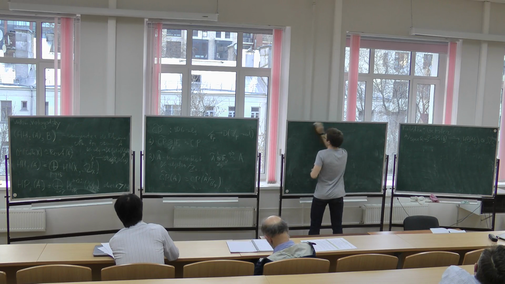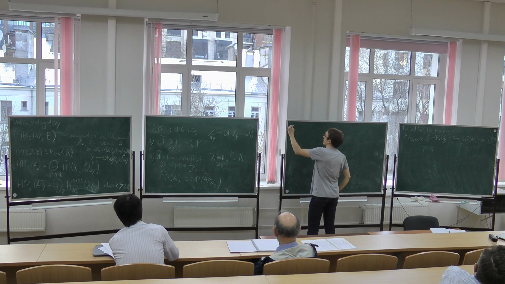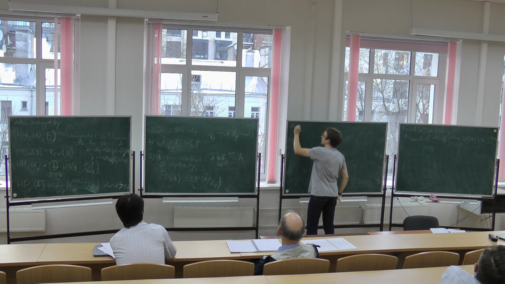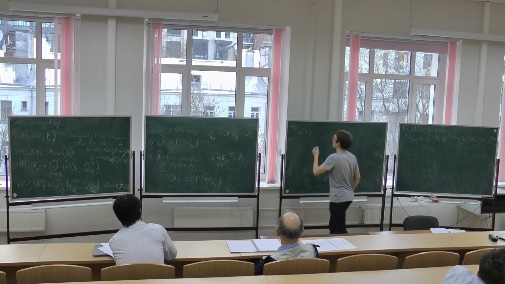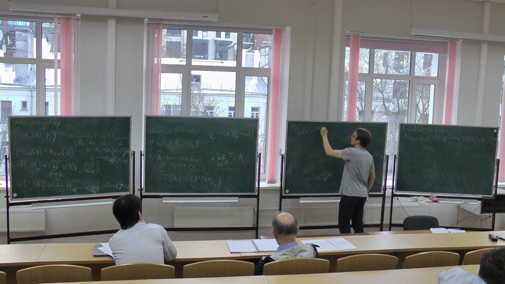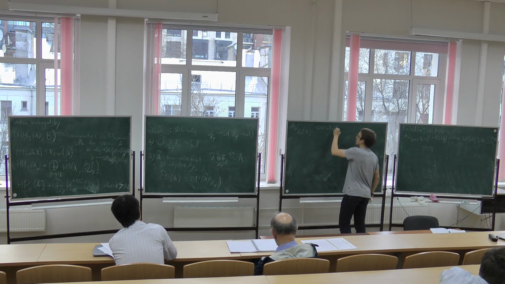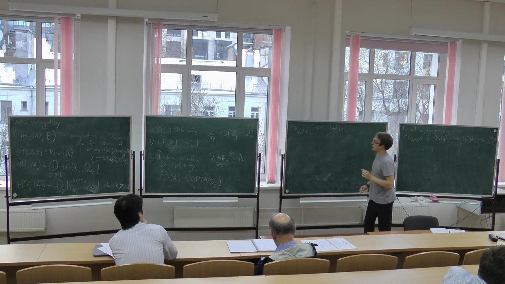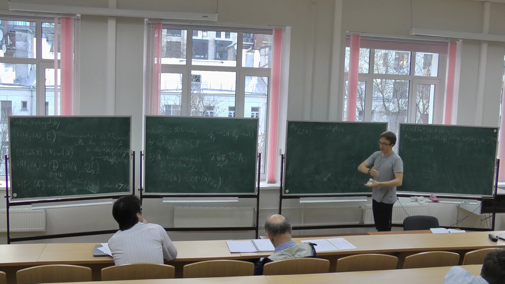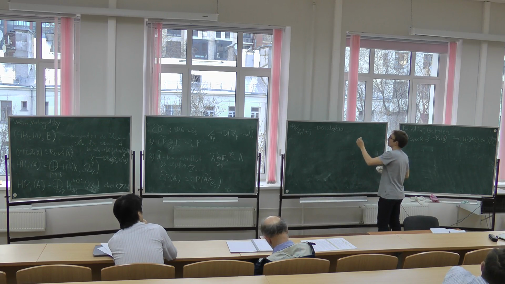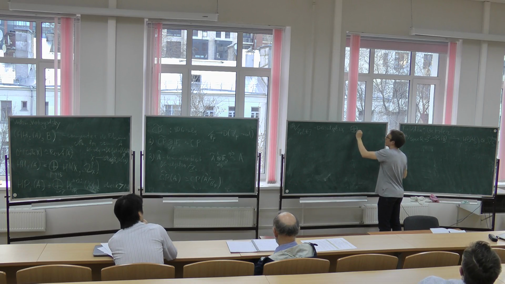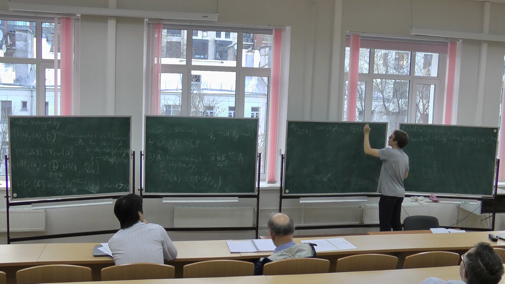So, assume that we have a family of DG algebras over an affine line over Zp. And also assume that in this family, the multiplicative structure does not change, so that the graded algebra structure is constant.